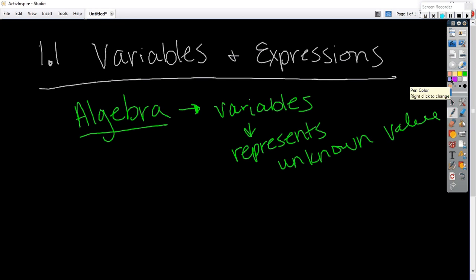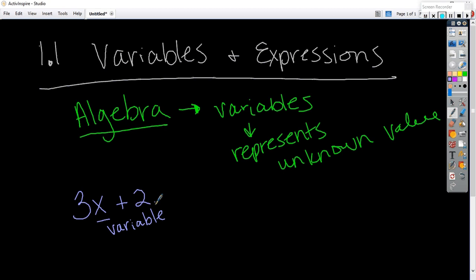And so we can put numbers with the variable. Maybe I have 3x, right? x here is my variable. And maybe I can even do something else.